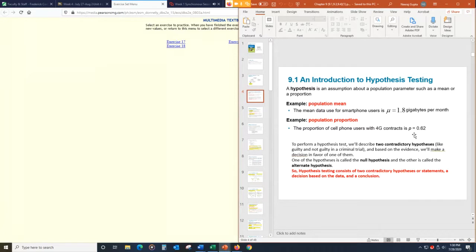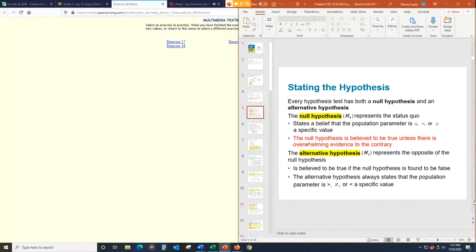That means when we are doing hypothesis testing, we have two hypotheses, two contradictory hypotheses. One is true, the other is not true. That's what it means. It's similar to guilty or not guilty. So in statistics we define those two hypotheses as null hypothesis and alternate hypothesis. So what does null hypothesis mean?